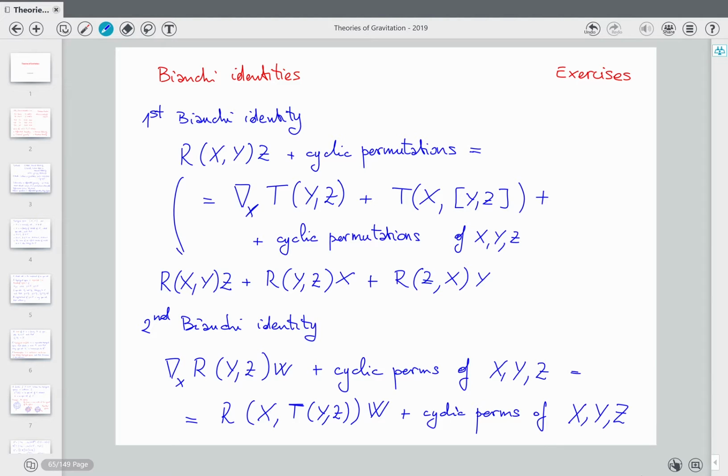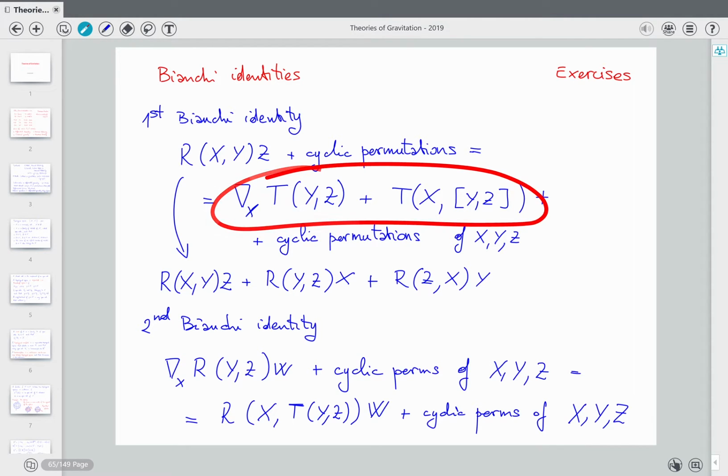The permutations are cyclic permutations of x, y, and z, so you have to write three copies of those terms. In the first one you send x to y, y to z, and z to x. In the second one you do the permutation twice.